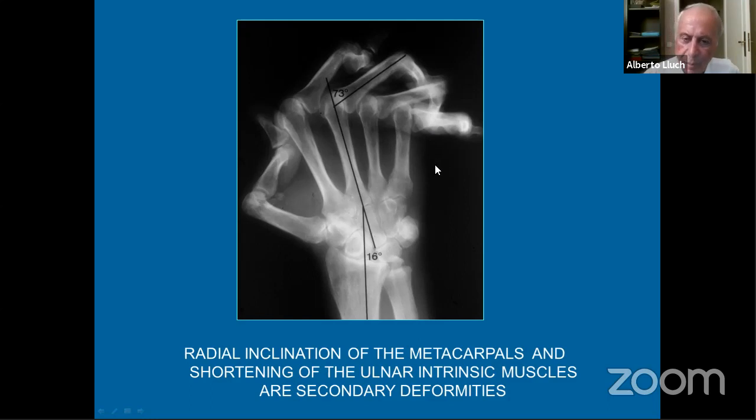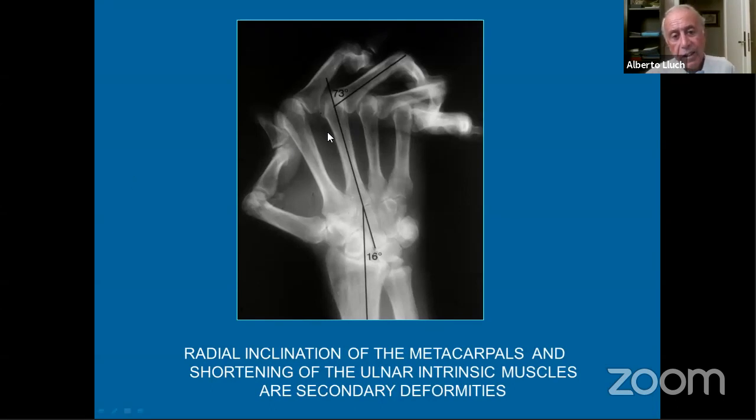And what we see sometimes is shortening of the ulnar intrinsic muscles. This is a secondary deformity because the origin and insertion of the muscle are closer together, and obviously it will remodel in a shortened position.